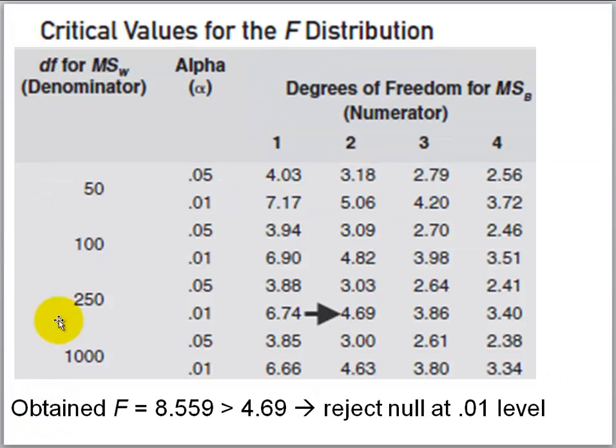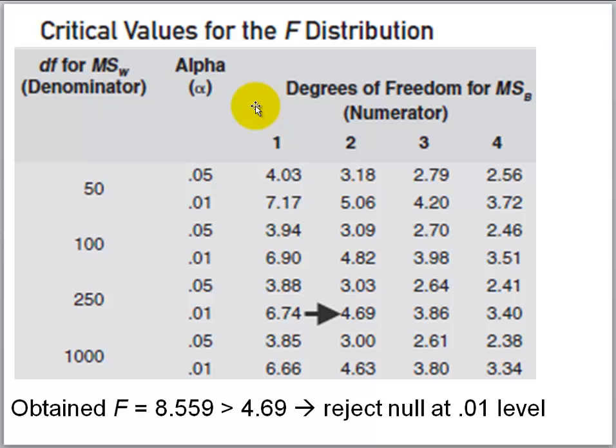Now, if we did not have access to a statistical software package, and indeed in some of the problems that you'll be doing in Rosenthal's course, you'd use the table of critical values of the F distribution that's found at the back of the text.